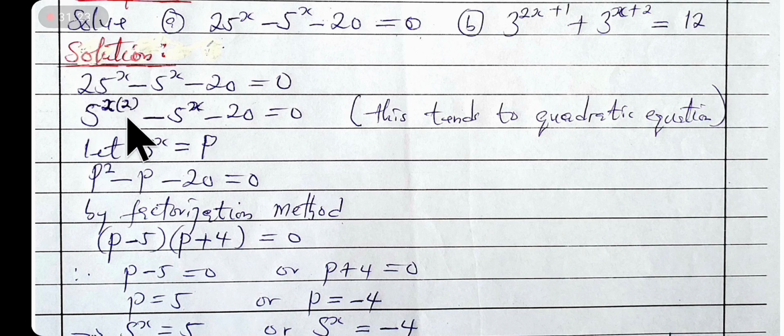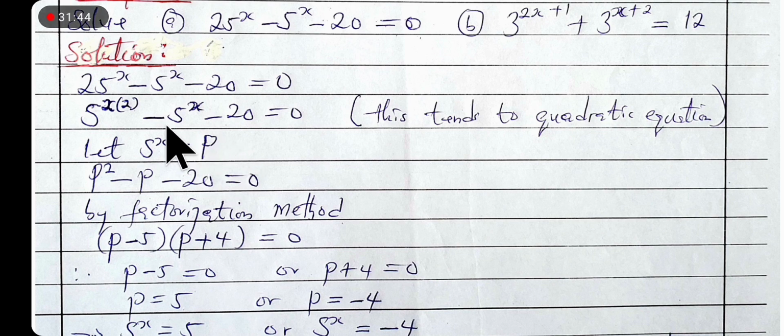Now, 25 is the same thing as 5 raised to power 2. So 5 raised to power 2 will give us 25. That is why we have this 2 here. Then minus 5^x is here already. Then minus 20 equals to 0. Now, this turns to a quadratic equation. Let 5 raised to power x equal p.